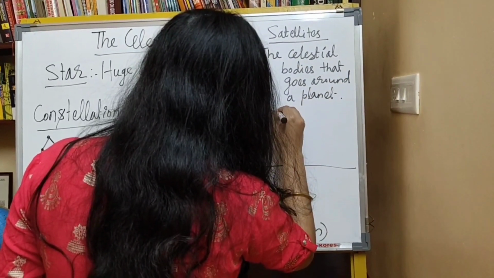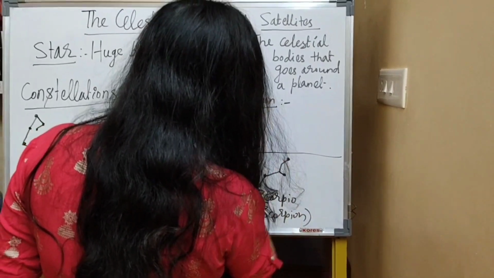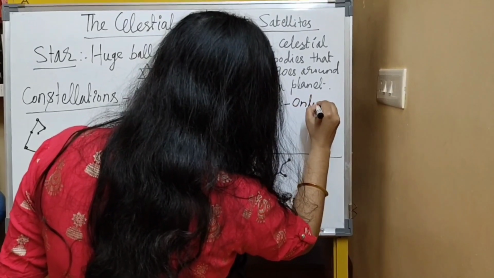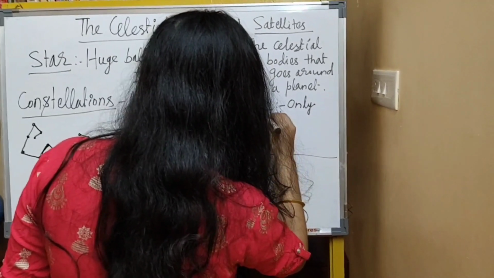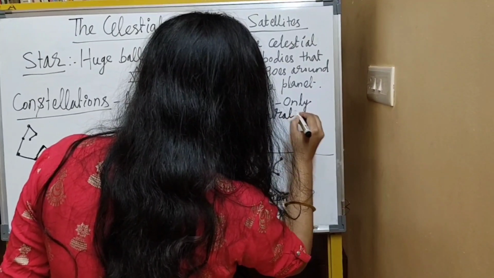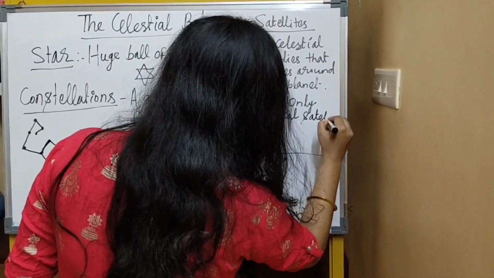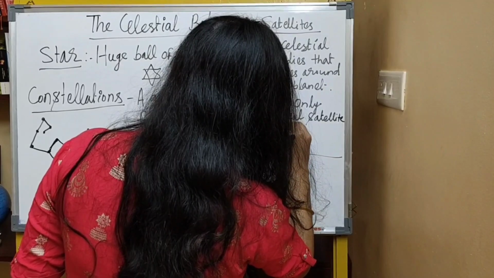Now the Moon is the Earth's natural satellite, the only natural satellite of Earth.